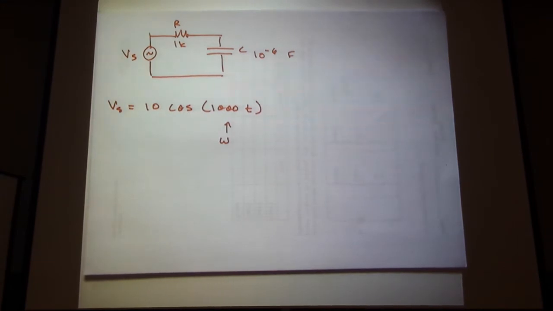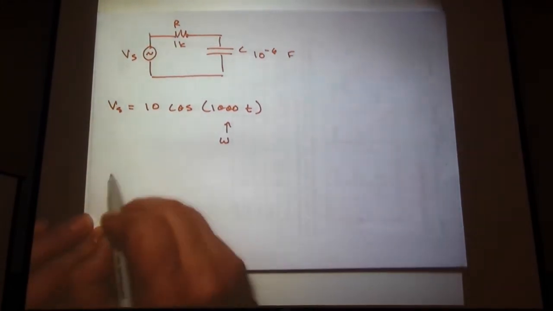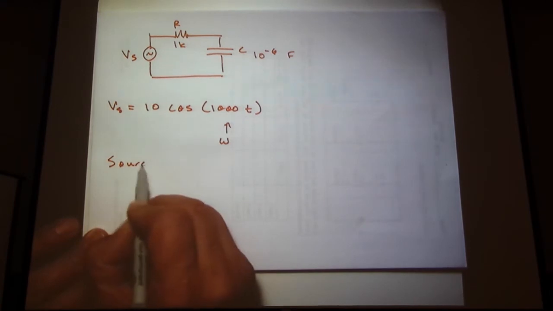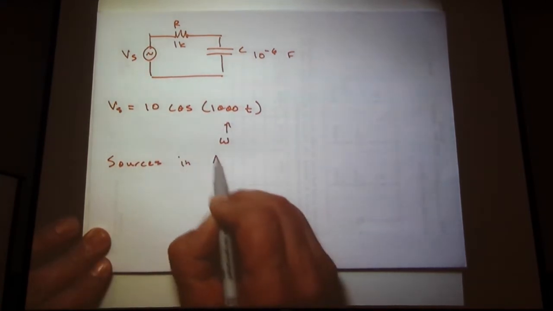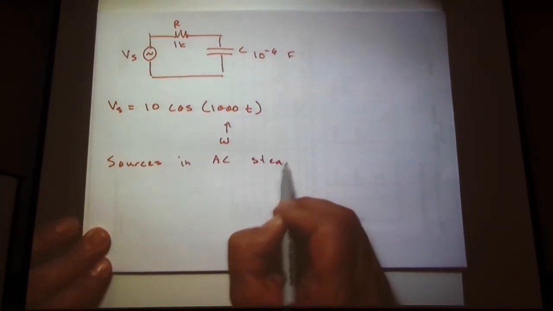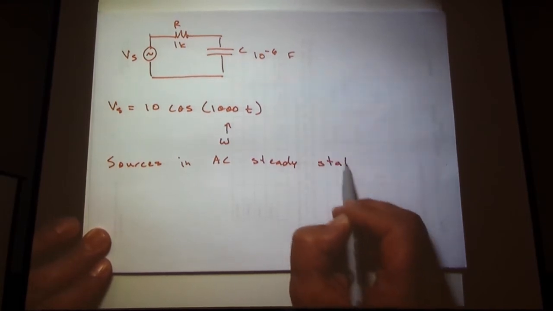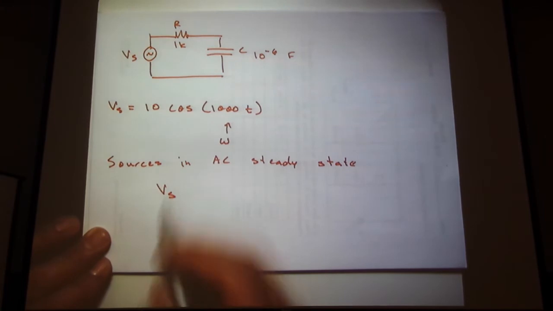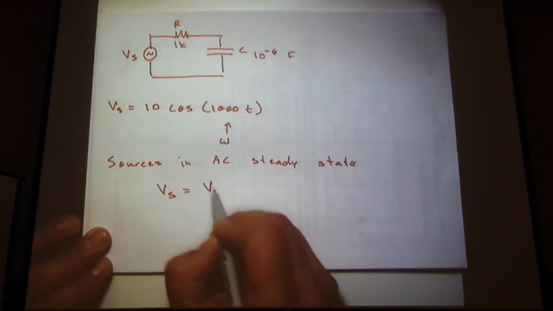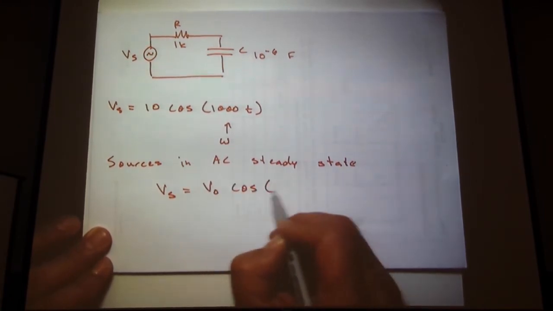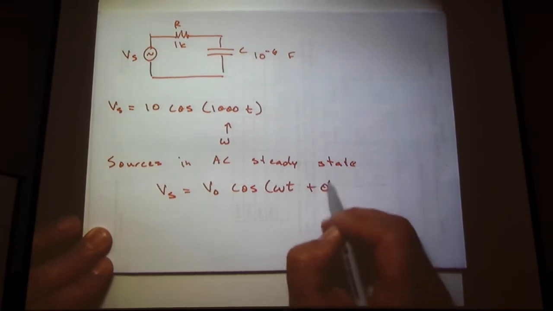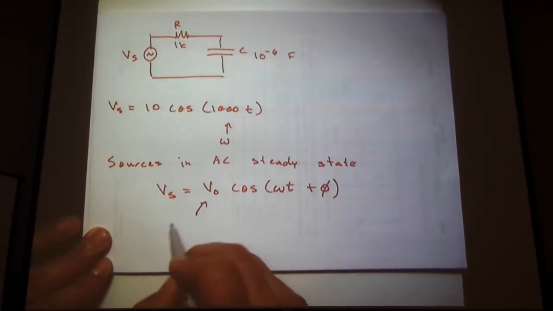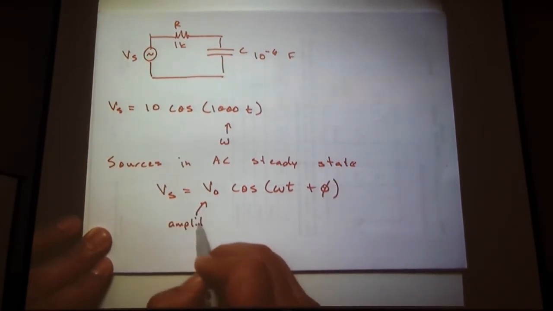So our form of our sources always take some form. Sources in AC steady state, we can be a little bit more general, Vs or Is, it doesn't matter, equals some amplitude, cosine of omega t, plus some phase. That's the amplitude of the sine wave.